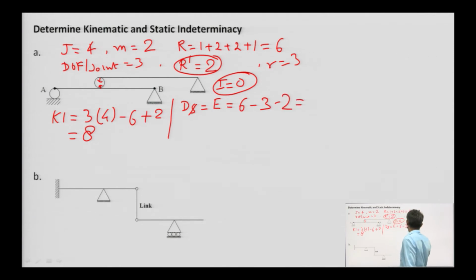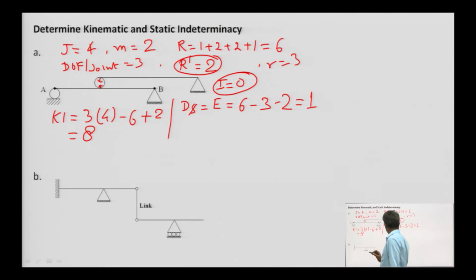So, it is 1. So, this is the answer of ds.